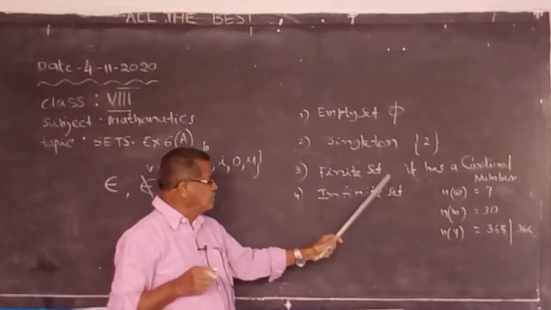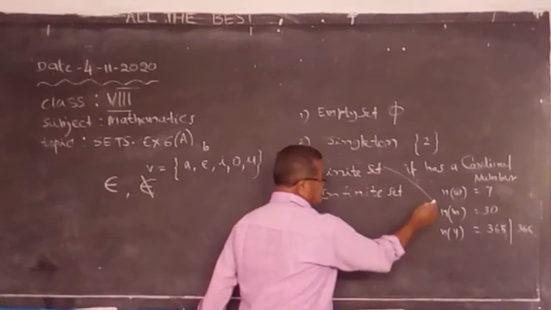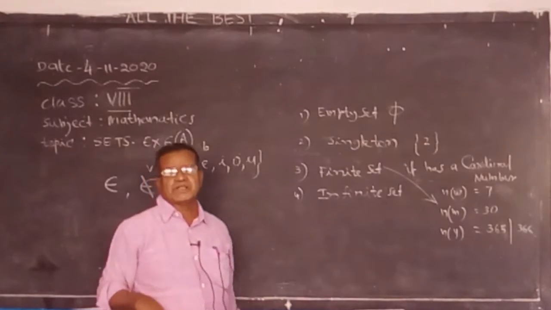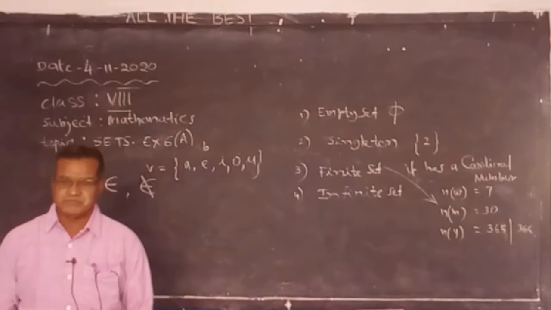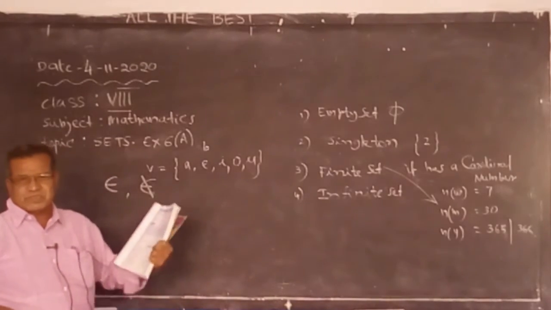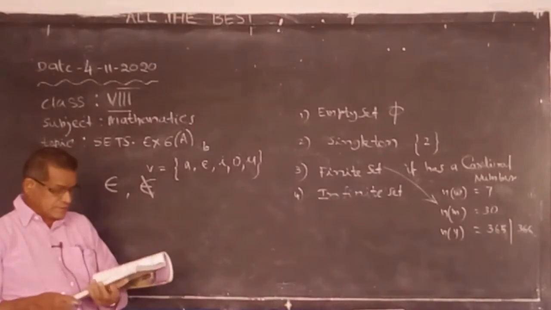Like this, for finite sets we have a cardinal number. But in infinite sets we don't have a cardinal number. Like that, we learn some definitions of sets.